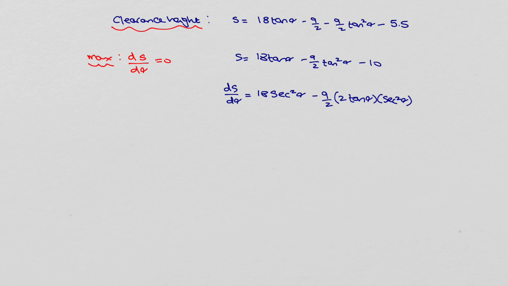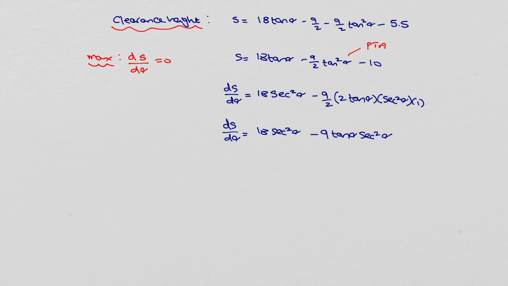And then if I differentiate the angle, that's just going to be 1. Now if I differentiate 10, I get 0. Okay, so simplifying that, my first derivative is 18 sec squared alpha minus 9 tan alpha sec squared alpha.